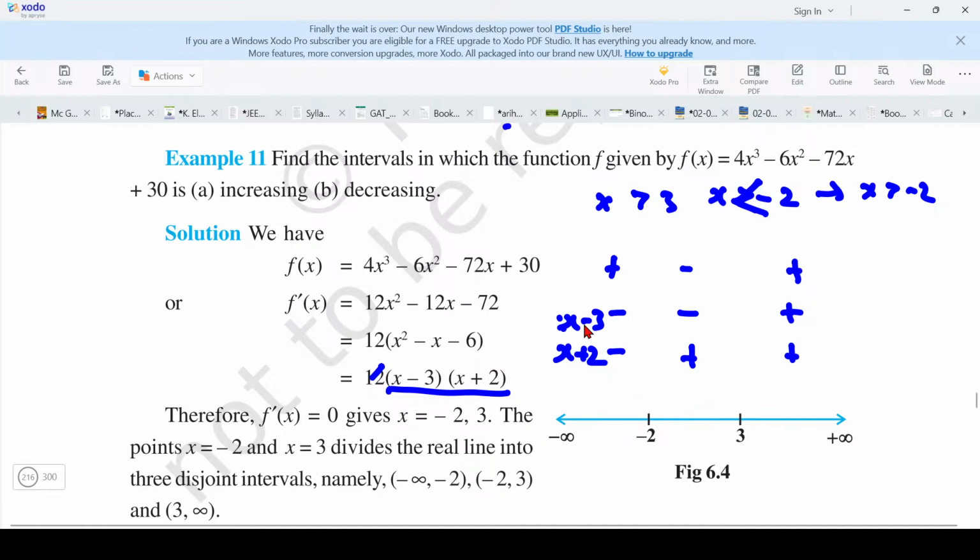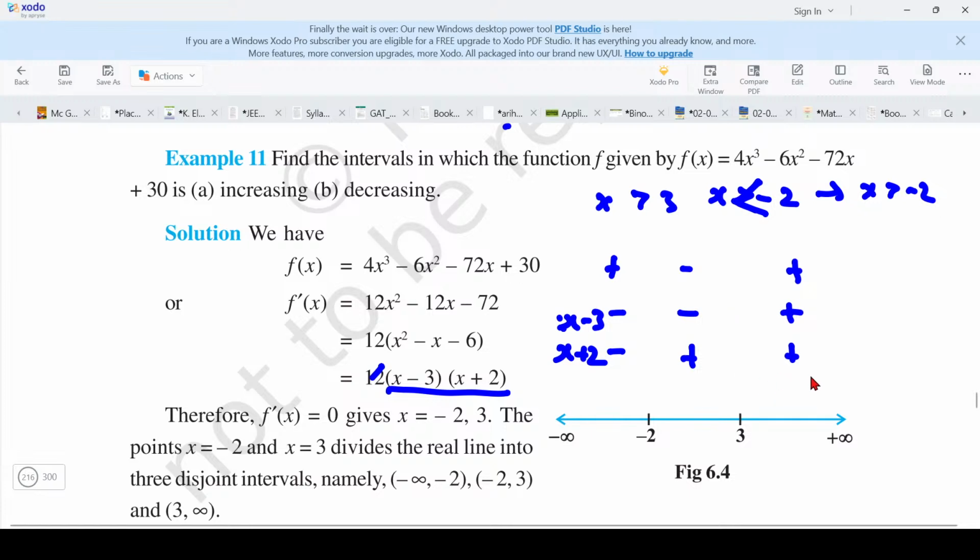Now the product of these two: a negative number into a negative number should become positive, right? Negative into positive will become negative, positive into positive will become positive. That means before minus 2, the product of two numbers gives a positive number. Between minus 2 and 3, you get a negative and positive together, negative.